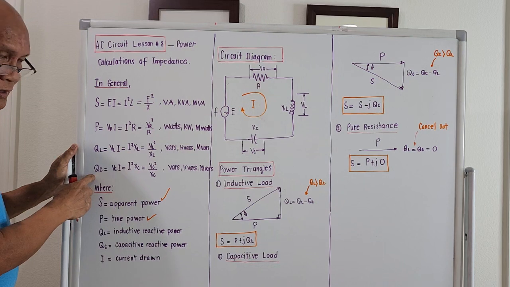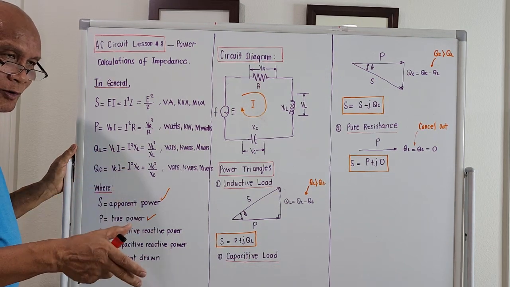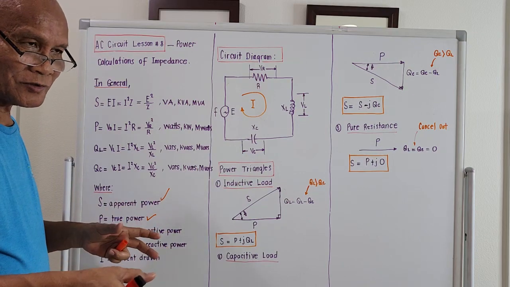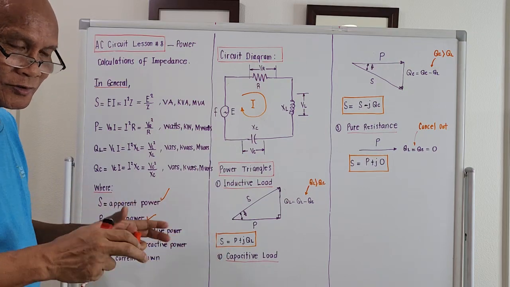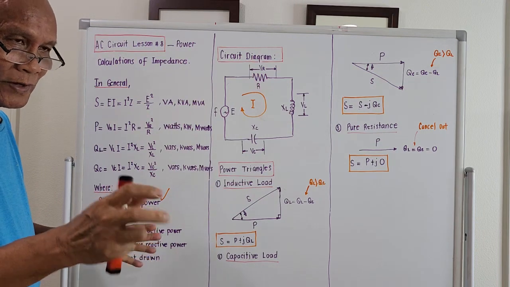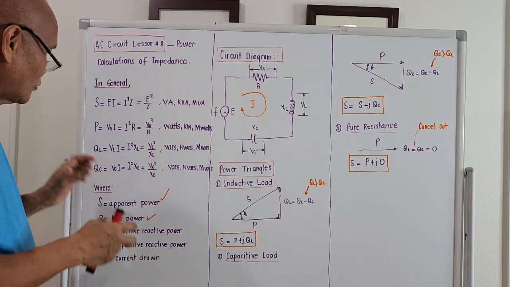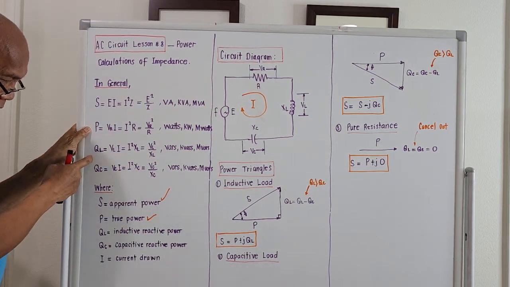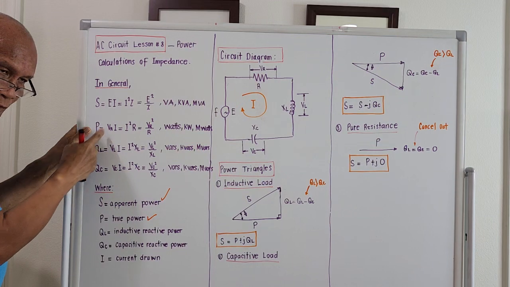And Q sub C is the power consumption of any load which resembles a capacitance, or it could be a synchronous motor that is overexcited. Okay, let's try to bring out the formulas on how to compute for the apparent power, true power, reactive power, Q sub L.